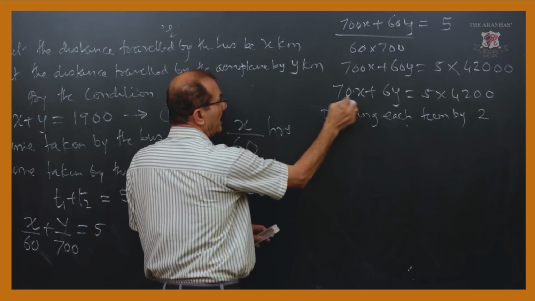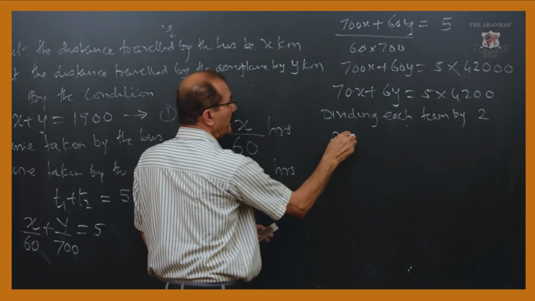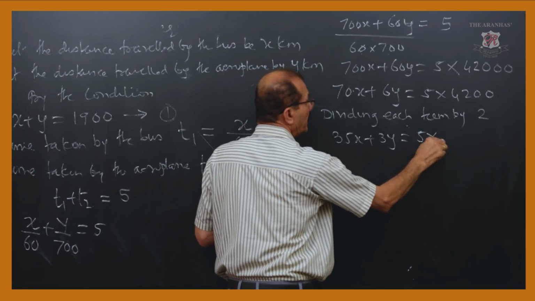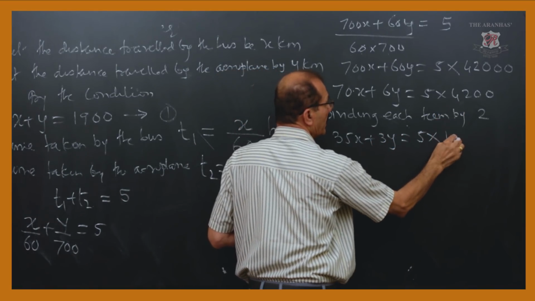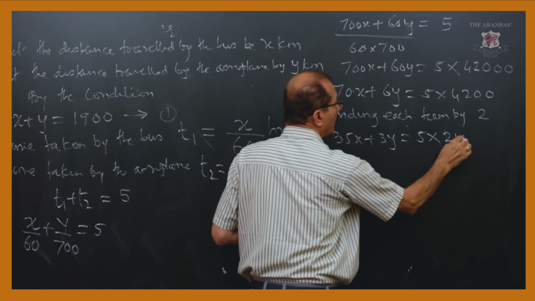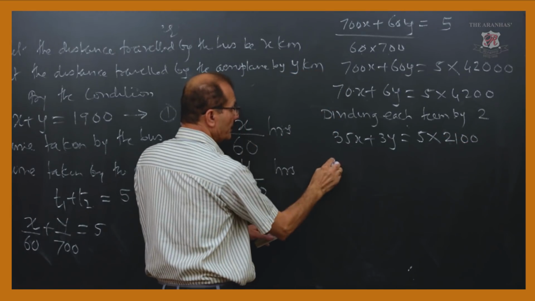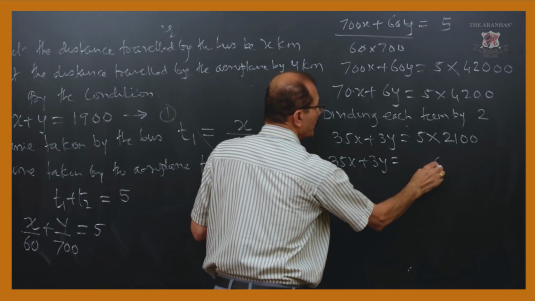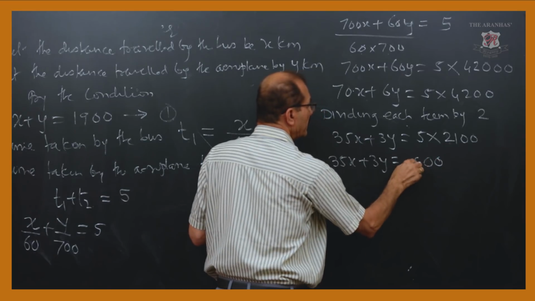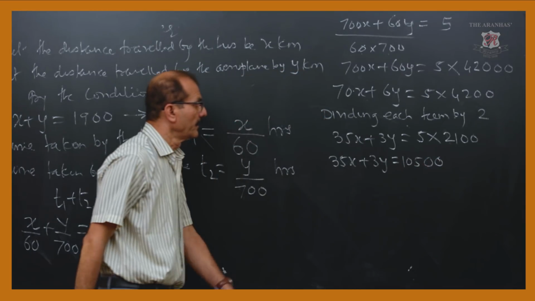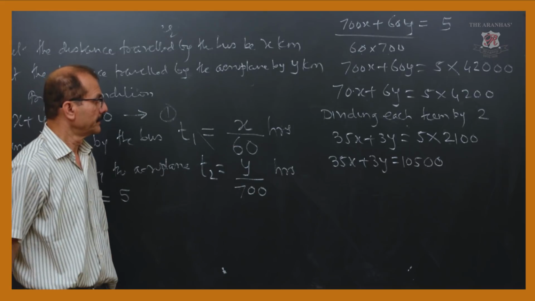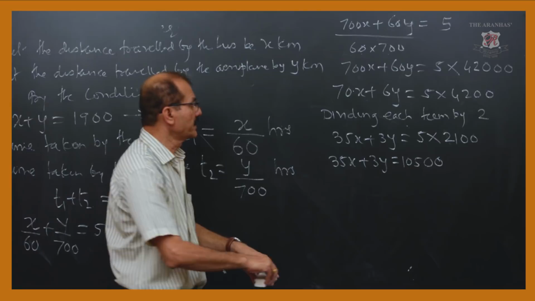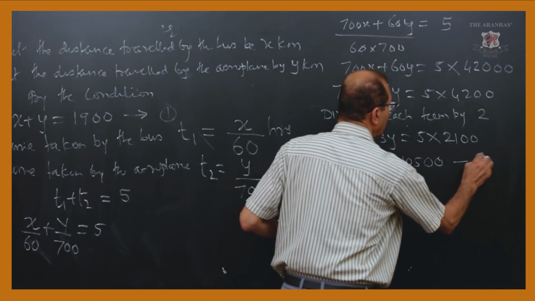So when you divide 70x by 2, I get 35x plus 3y, equal to 5 into, divide this by 2, so 2 ones are 2, 2 zeros are 0. So you get 35x plus 3y is equal to 0, 0, 5 ones are 5, 5 twos are 10. I hope you got this equation. So this is my equation number 2.